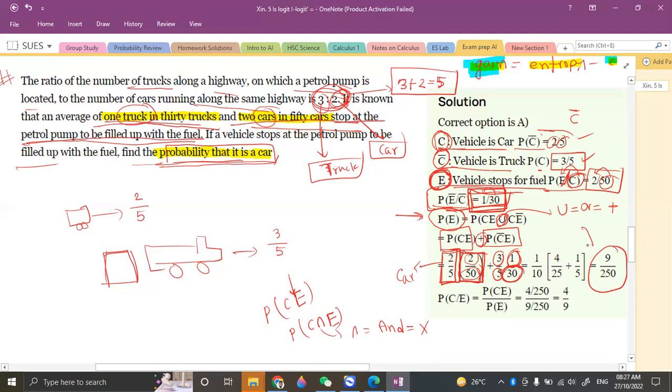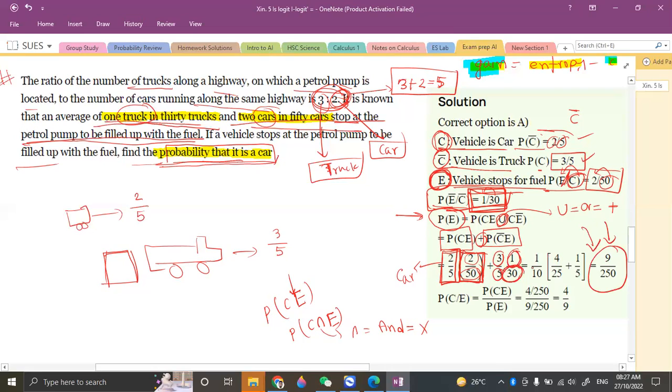So this is the probability that either a truck or a car needs fuel, any of them, either a truck comes or a car comes.